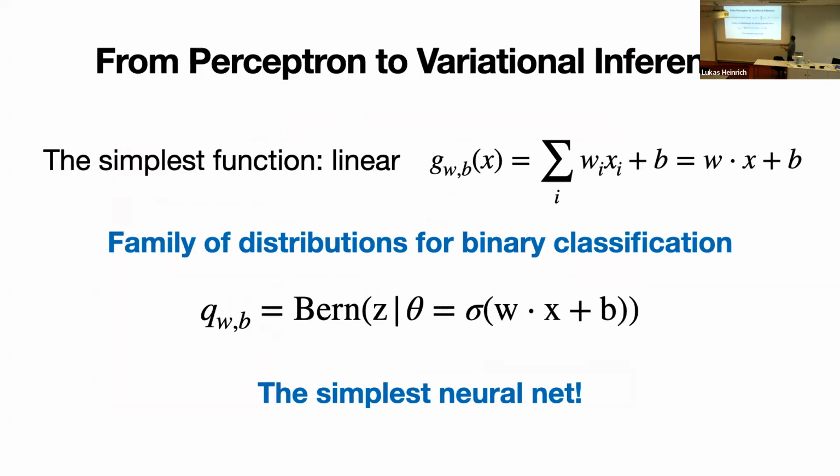Right, so you have an inner product between a weight vector and your feature vector plus your bias b, and you can also write it in the vector way. And so the way that we formulate our family of distributions is that we have our Bernoulli distribution, and then our parameter is going to be the sigmoid of the linear function, right? This is exactly what we discussed, and this is the simplest possible neural network. In some ways, it's already a neural network, and it's basically a variational inference version of the perceptron, which we discussed in the first lecture.